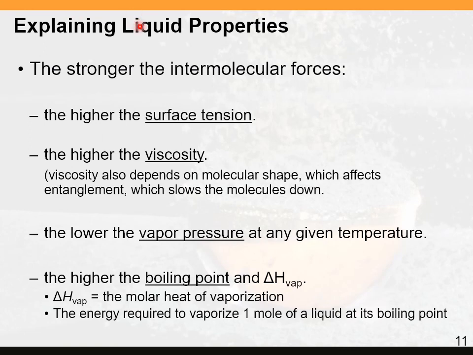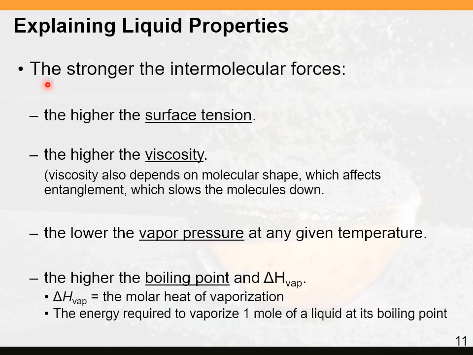So let's go over how the liquid properties that we have discussed are affected by the intermolecular forces. The stronger the intermolecular forces, the higher the surface tension of the liquid will be. Likewise, the higher the viscosity, although viscosity also depends on molecular shape, which affects entanglement. Entanglement slows the molecules down and increases viscosity.